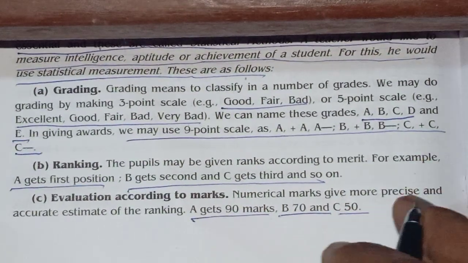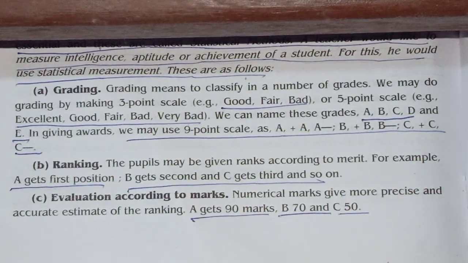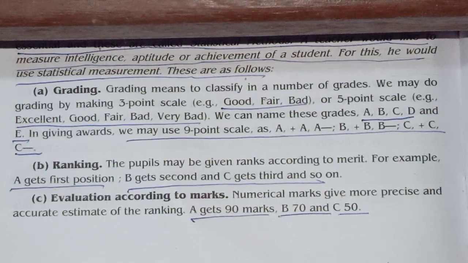The third method is evaluation according to marks. A teacher can evaluate according to marks. Numerical marks give a more precise and accurate estimate of ranking. A gets 90% marks, B gets 70% marks, C gets 50% marks. This is a practically working statistical system.